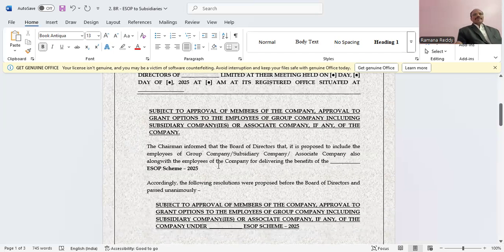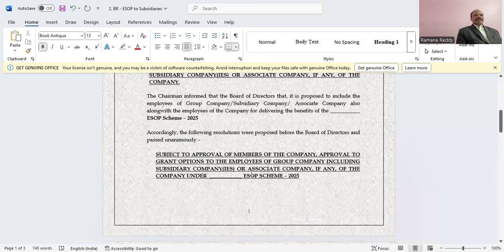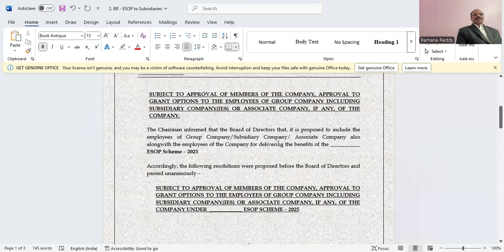So the chairman informed the board of directors that it is proposed to include the employees of group company, subsidiary company, associate company, also along with the employees of the company for delivering the benefits of ESOP Scheme 2025. So accordingly, the following resolution was proposed before the board of directors and passed unanimously. We are giving it the certified copy of the board resolution.